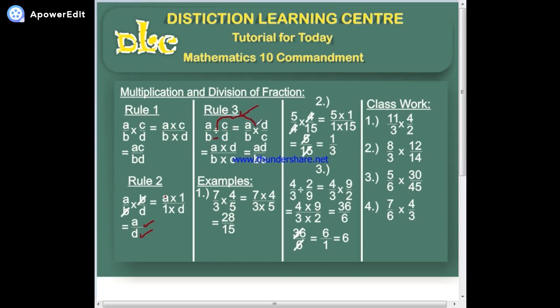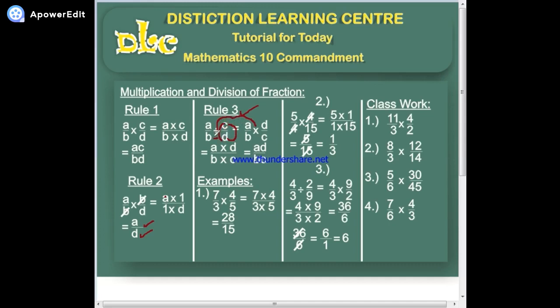But on one condition. What is the condition that lets us change it to times? The condition is that the next fraction following the times is reciprocated. That is, the denominator goes to the numerator, and the numerator comes to the denominator.